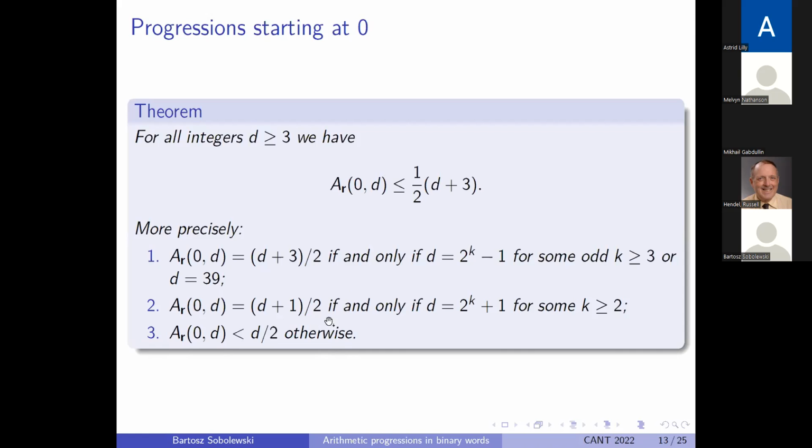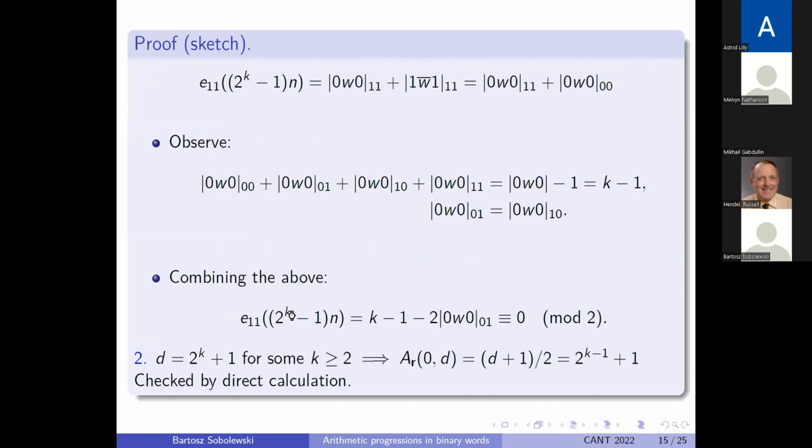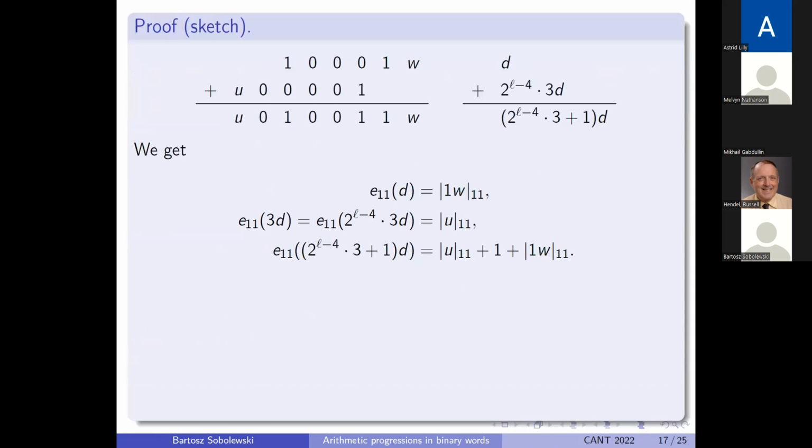And otherwise, it turns out that the maximal length of such a progression is less than d divided by 2. So maybe I will skip the proof, because I'm afraid there will not be enough time.